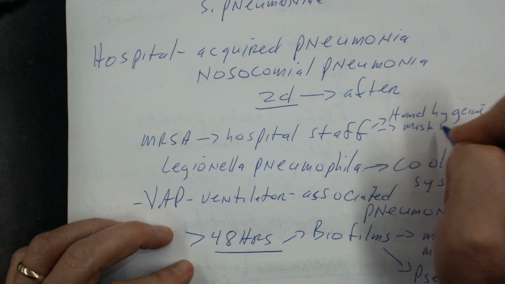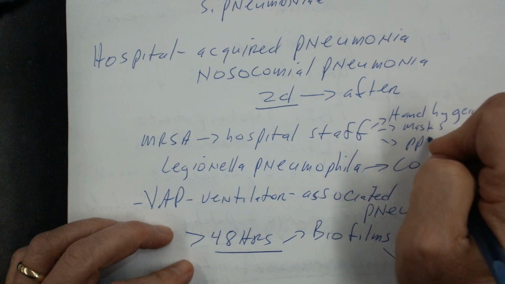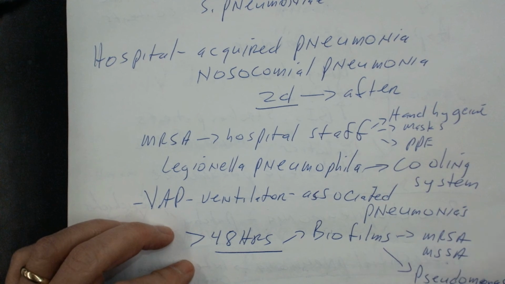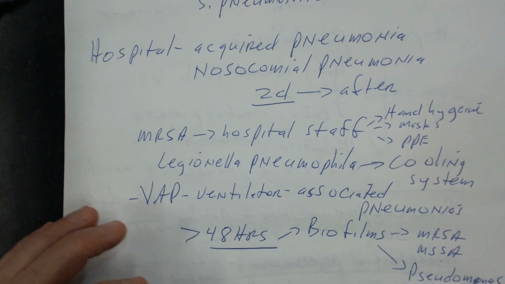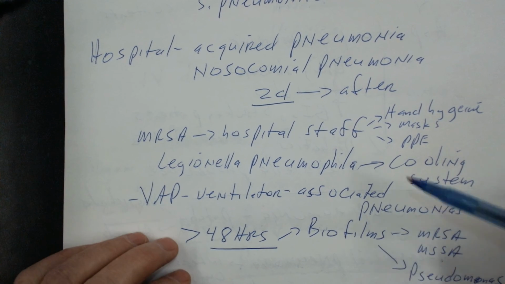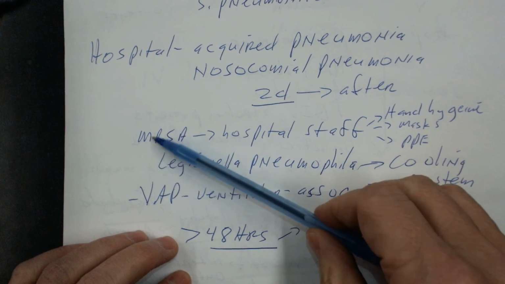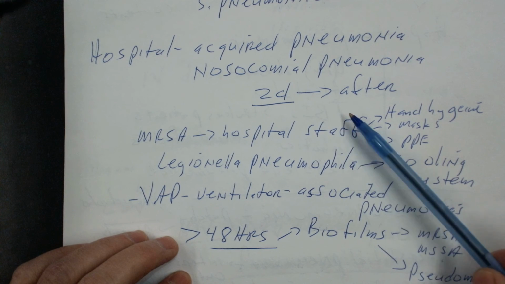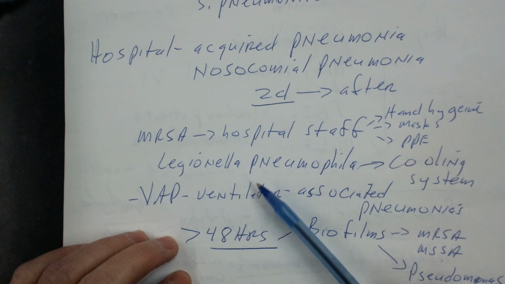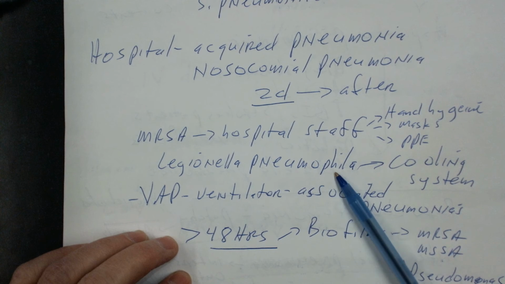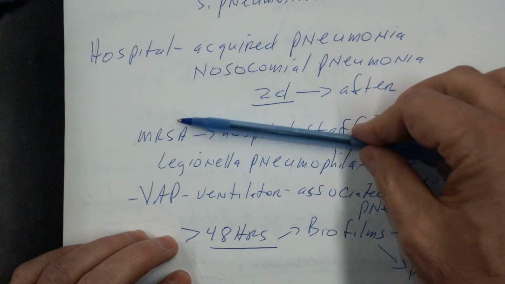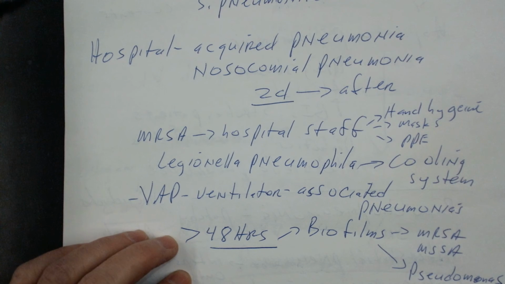Masks, PPE, hands, face, space. Don't forget to ventilate. You can limit the spread of this in your patients. Also, Legionella pneumophila from the cooling system. These are the two main causes of hospital-acquired pneumonias.